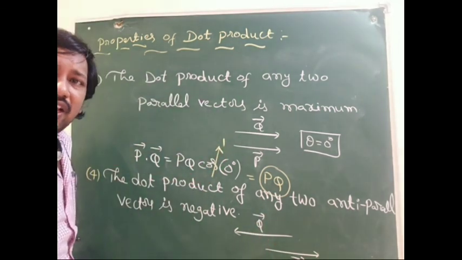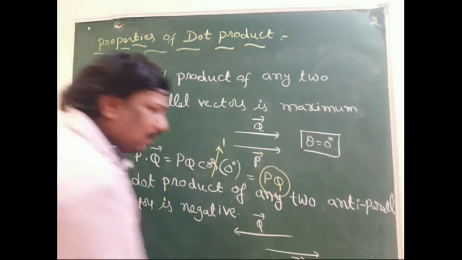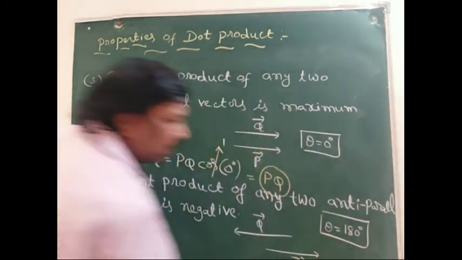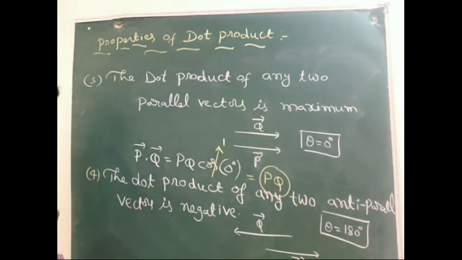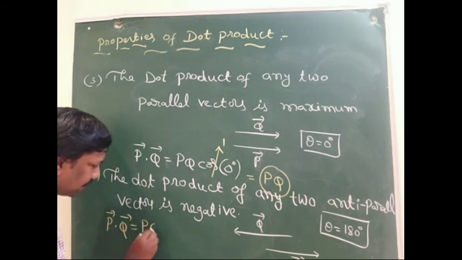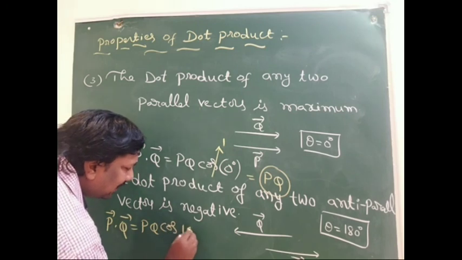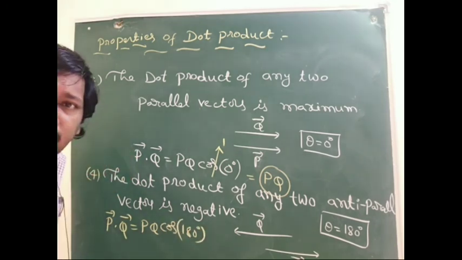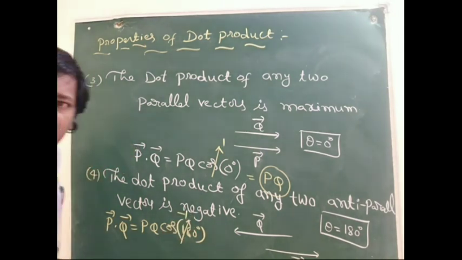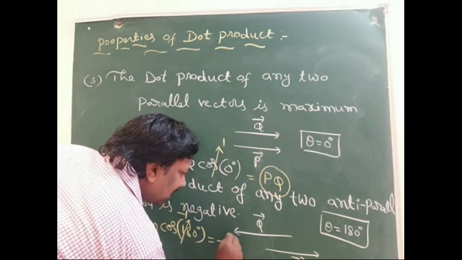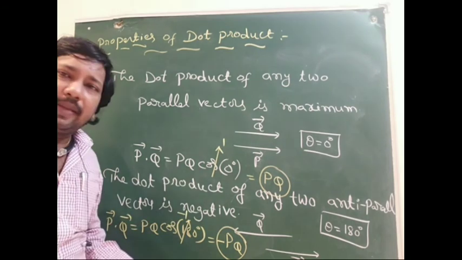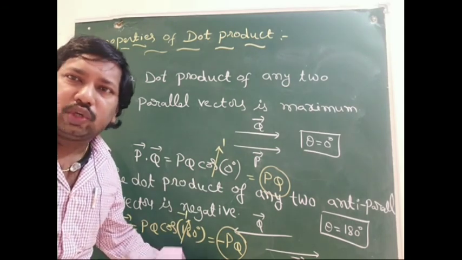The angle between any two anti-parallel vectors is theta equal to 180 degrees. Therefore p bar dot q bar equals pq cos 180. Here cos 180 is minus 1, so minus 1 into pq, that is minus pq. So the dot product of any two anti-parallel vectors is negative.